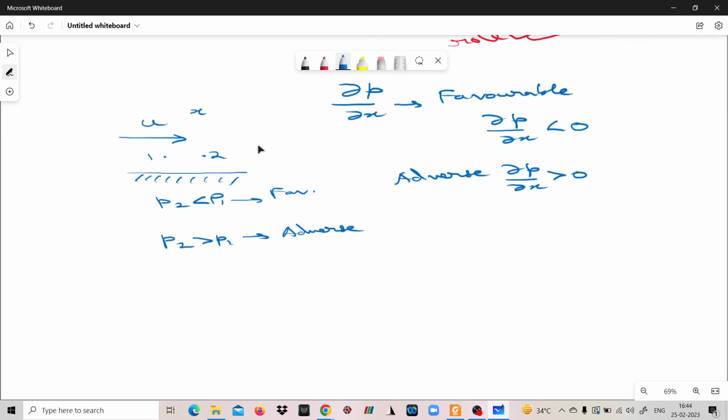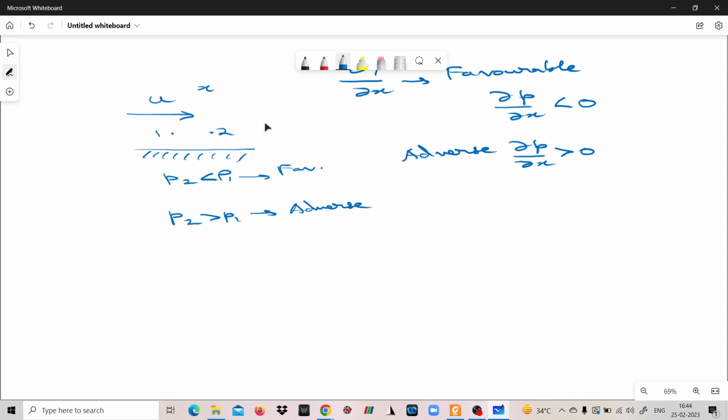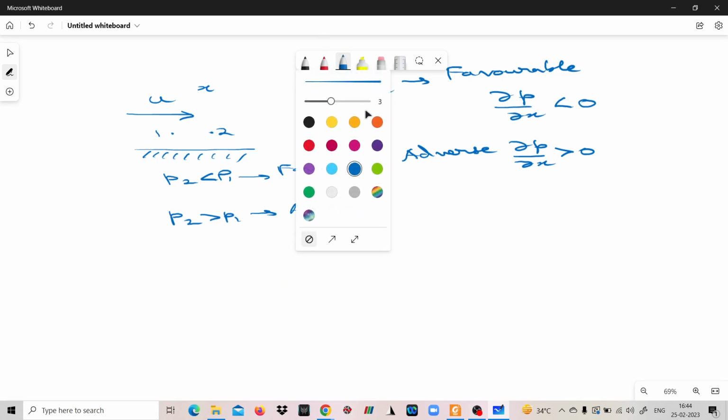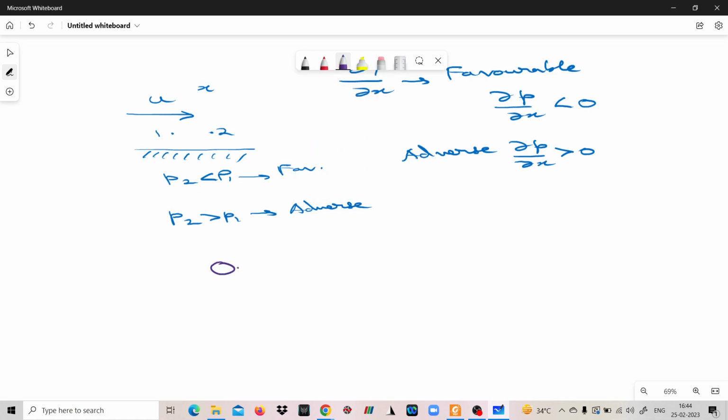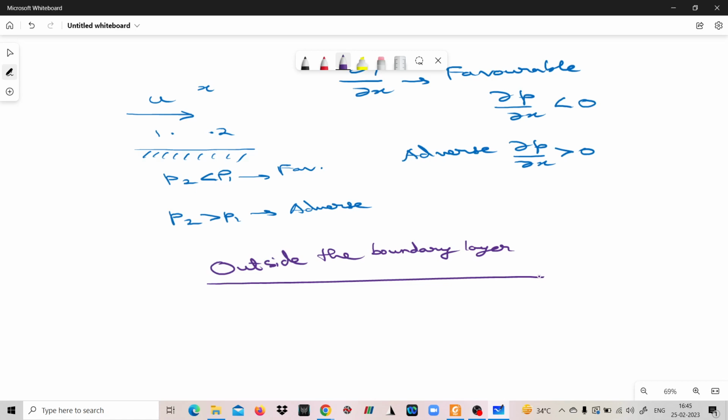Okay, so this is the first point. Second point, outside the boundary layer. What happens outside the boundary layer?